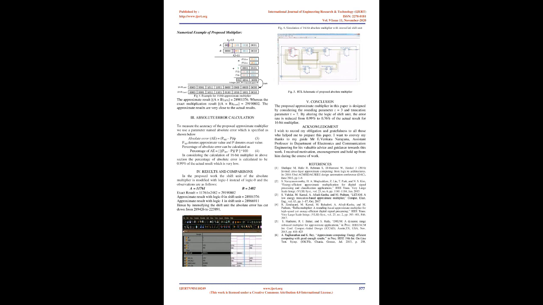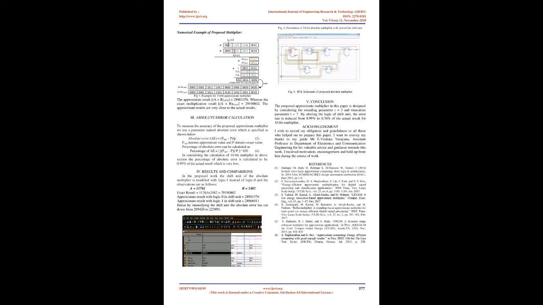Absolute error, AE, equals |P_APX minus P| divided by P, where P_APX denotes the approximate value and P denotes the exact value. Percentage of absolute error can be calculated as percentage of AE equals |P_APX minus P| divided by P times 100. In considering the calculation of the 16-bit multiplier in the above section, the percentage of absolute error is calculated to be 0.99% of the actual result, which is very low.